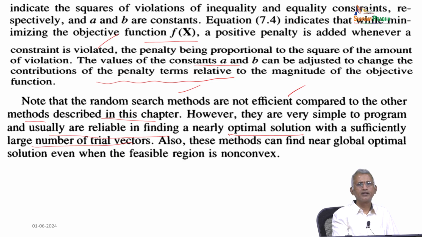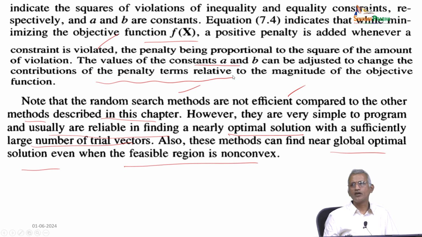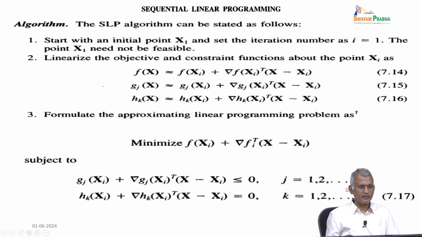So, this method can find a near global optimal solution even if the feasible region is non-convex. The last paragraph is most important, and it describes which points are important and which are not. Now, we are going to discuss sequential linear programming.